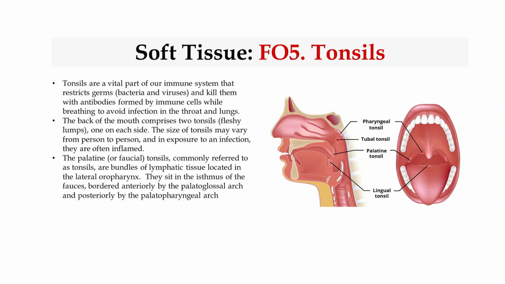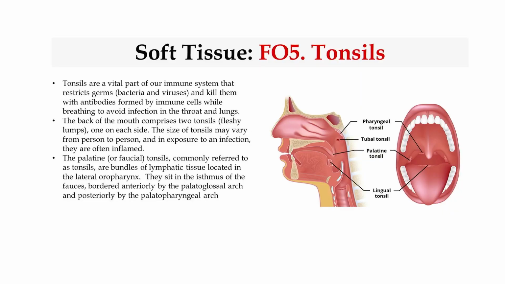Isthmus is like the end of something, like an isthmus of a country, of the fauces, and they are bordered anteriorly by the palatoglossal arch and posteriorly by the palatopharyngeal arch. A lot of these terms are very difficult to pronounce, but they have been built based on certain anatomical indications, right? So from a figure standpoint, you're looking at the locations of the tonsils.